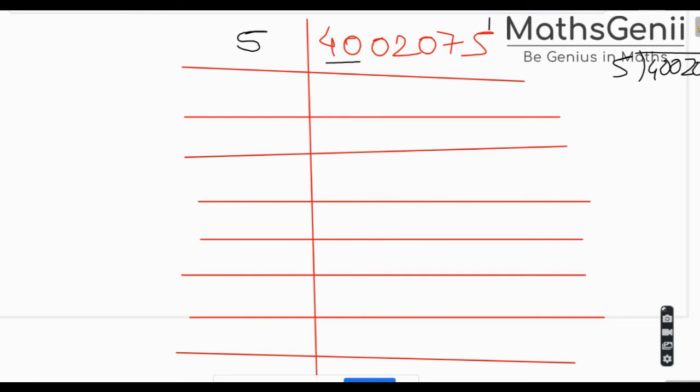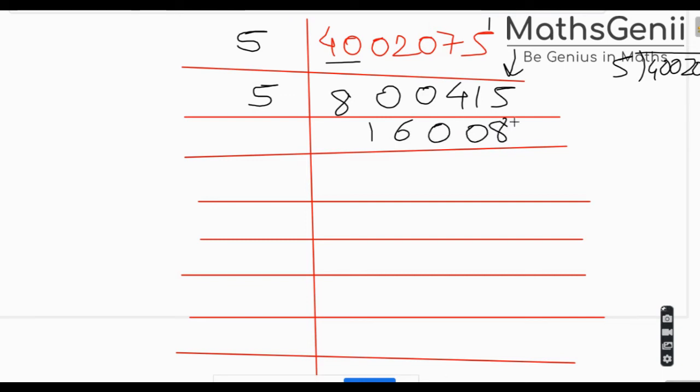So 5 8s are 40. So you can always pause the video and try to divide by yourself. Again 5 is coming at the end, so I'll divide by 5. 1, 6, 0, 0, 8 3. Now I can't divide by 5. I'll have to divide by 2.